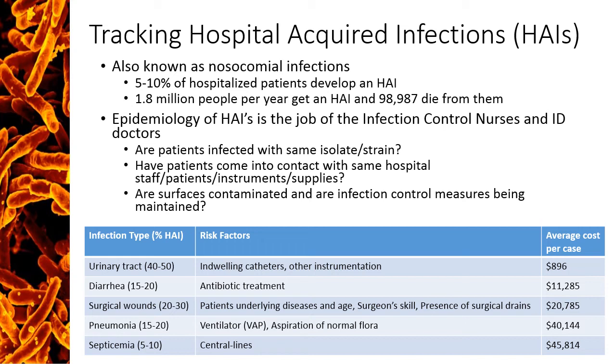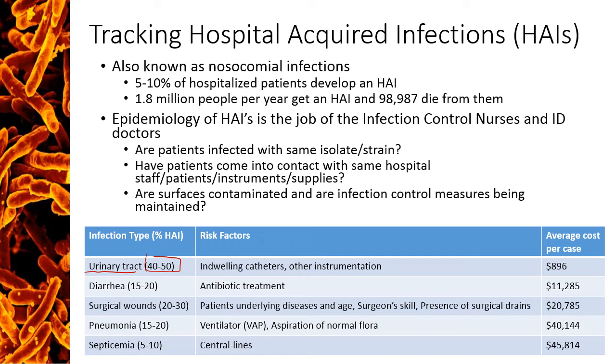And the reason that hospitals and clinics spend so much time on tracking HAIs can really be highlighted here in this table. If we look at urinary tract infections, the first one here, 40 to 50% of all urinary tract infections that people have in hospitals, they got in the hospital.